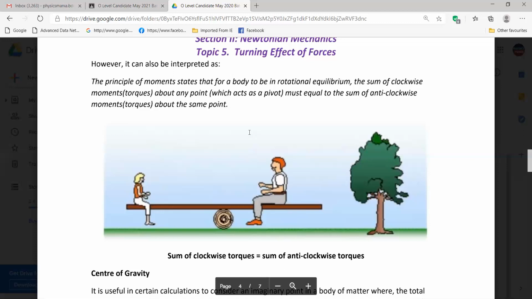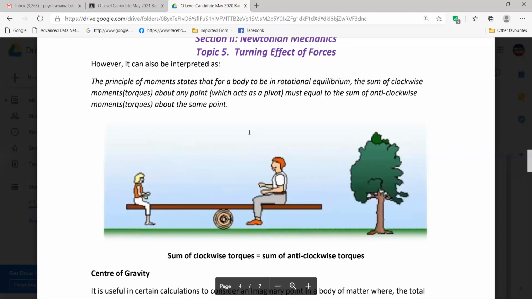That's why he has to come forward, right? As his weight is more, there will be more moment if he is going back. But if he is very close, his distance is small, his weight and distance multiplication will be equal to the distance times weight of the girl, right? Yes. Is it clear? Yes, sir.